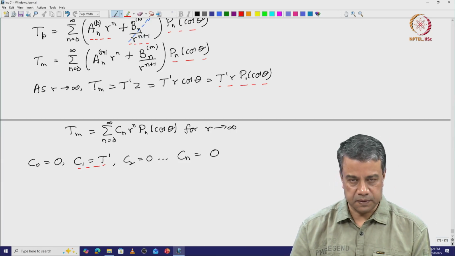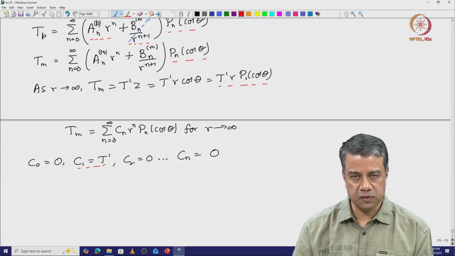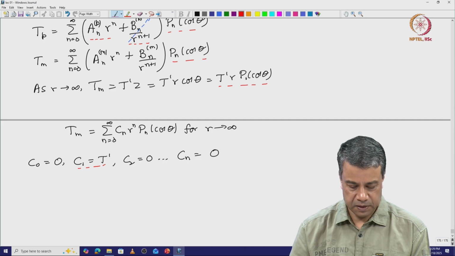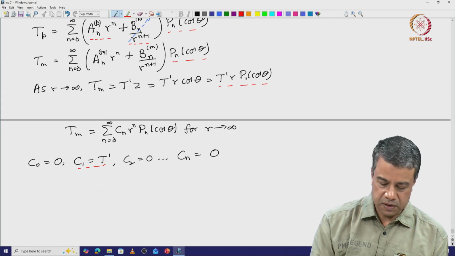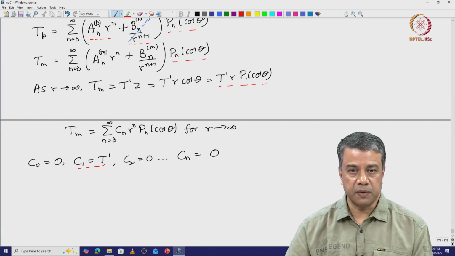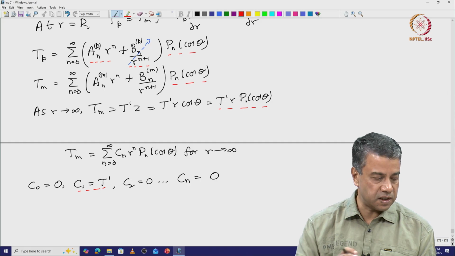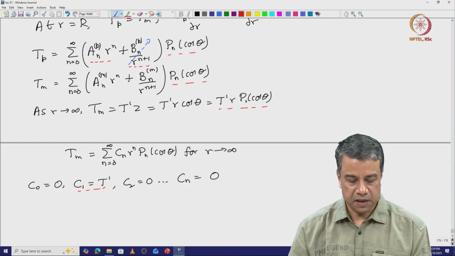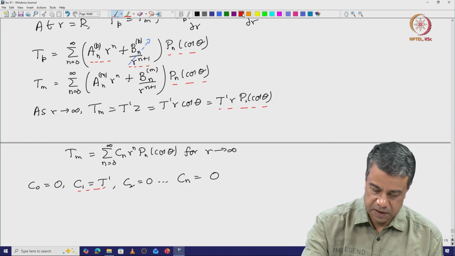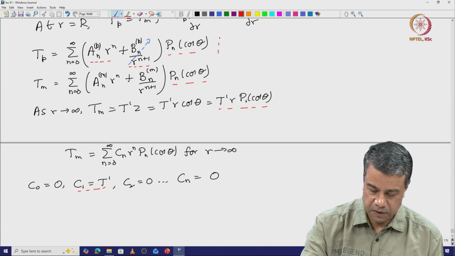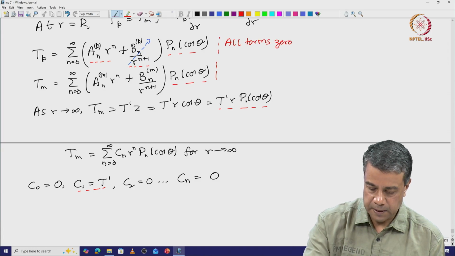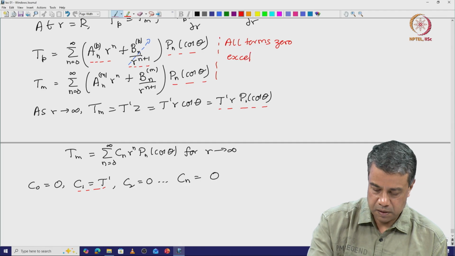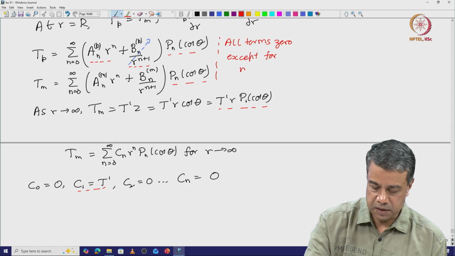The forcing is only through this term; C 0 is 0, C 2 is 0, etc. Because these coefficients are all 0 as r goes to infinity, and because I have equality of temperature and flux at the interface, that implies that all the terms in this series are 0 except for n equal to 1.